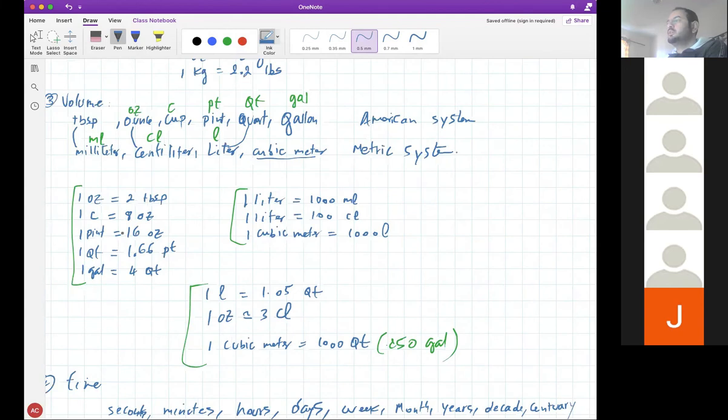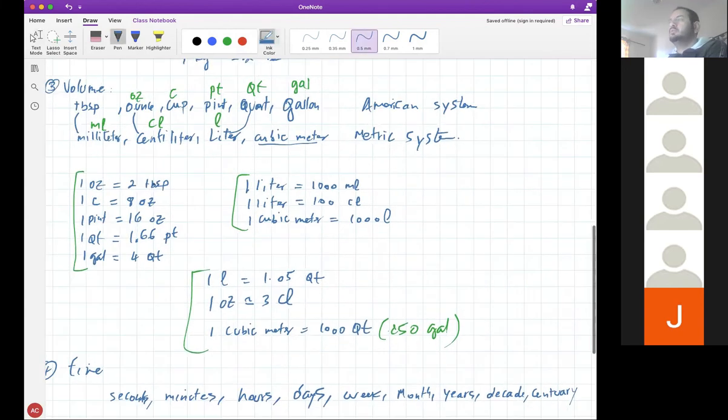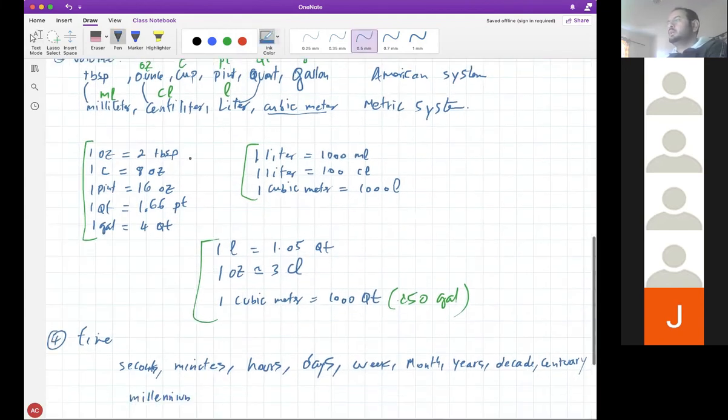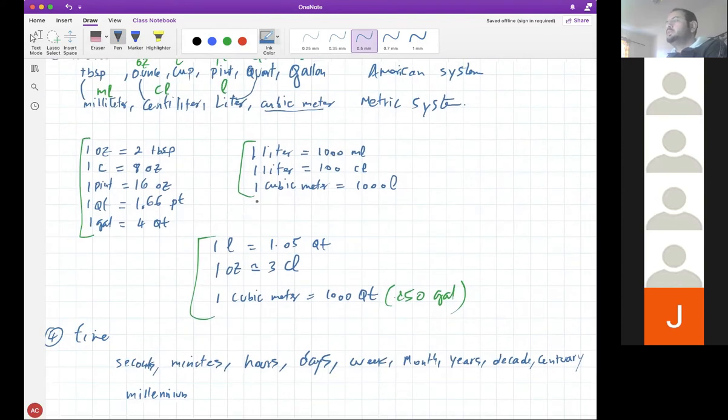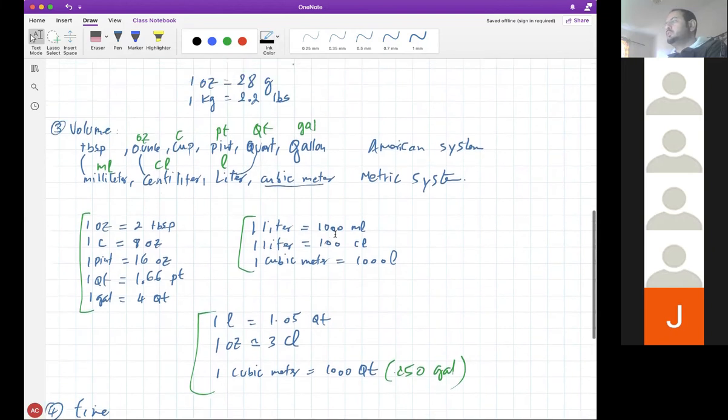But in terms of the other units, each region of the world has its own units. Internationally, for science and journals, the scientific community all agree on one unit: meters, liters, and so on. For volume, use liters.